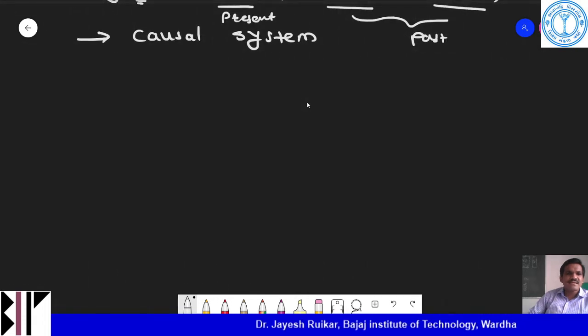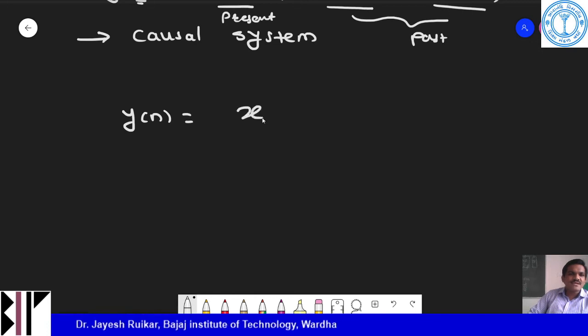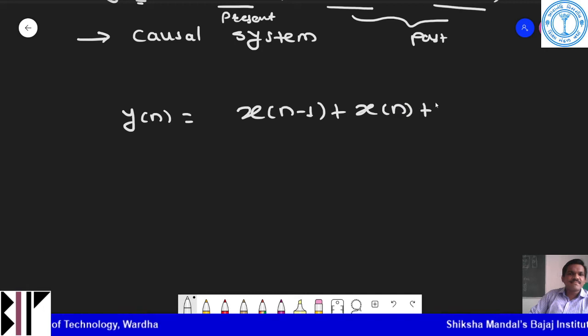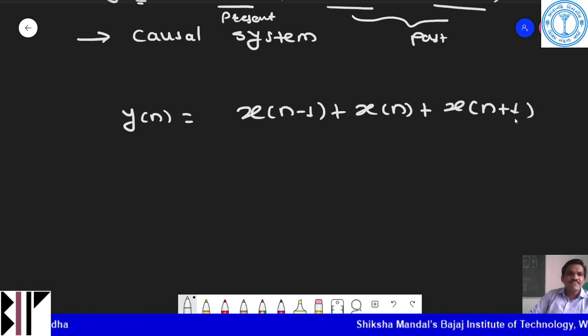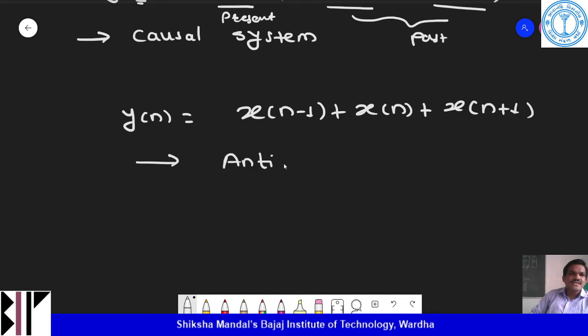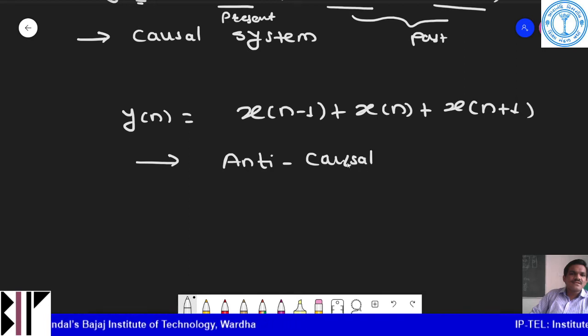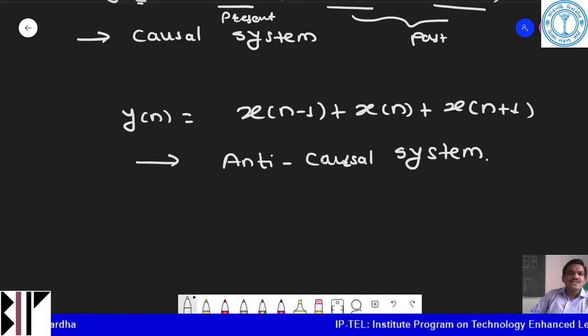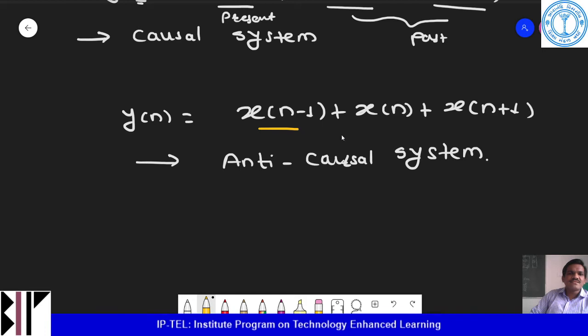Let us take another example. y of n is x of n minus 1, the past sample, plus the present sample, plus the future sample.